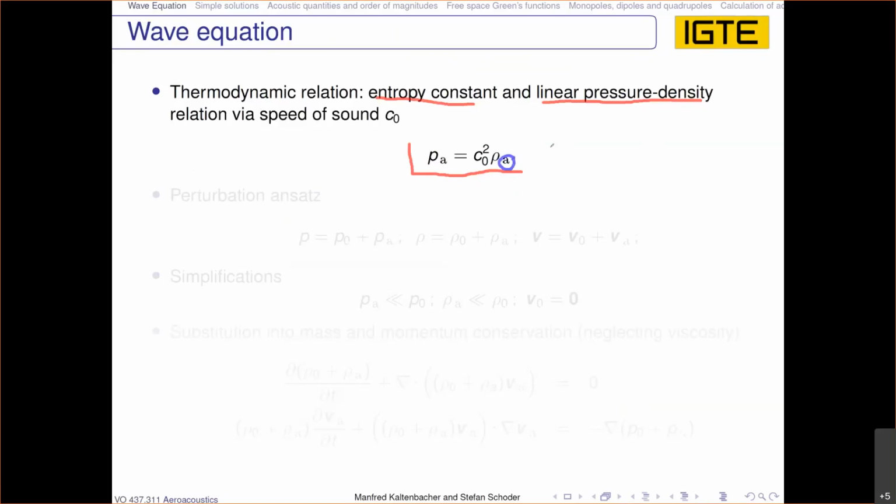So from the overall density or overall pressure, it is just the acoustic part. We have to discuss how to get from a compressible pressure just the acoustic part, but assume now it is just the acoustic pressure and the acoustic density. And you know that when a wave is propagating, you have locally pressure variations and density variations. So this A here already means acoustic.